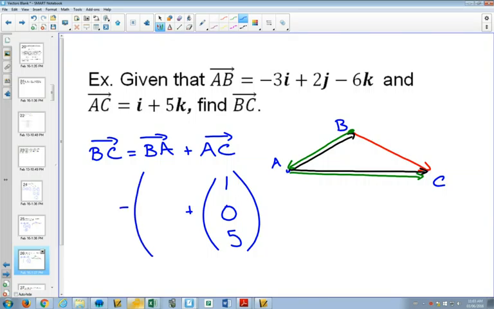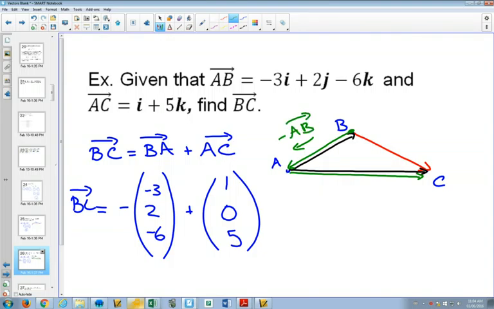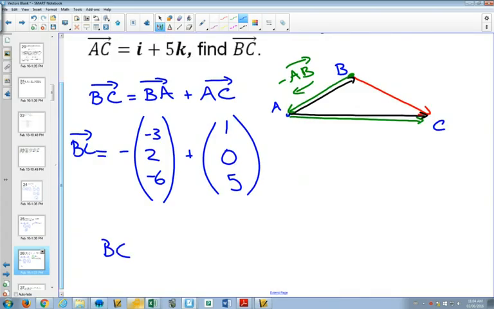So if we put a negative sign in front of A to B, which is -3, -6, that will equal B to A. So anytime you want to change something in the opposite direction, going this way is -A to B. Then if we multiply this through and add things together, we get that B to C is 4, -2 plus 0, -2, 6 plus 5, 11.